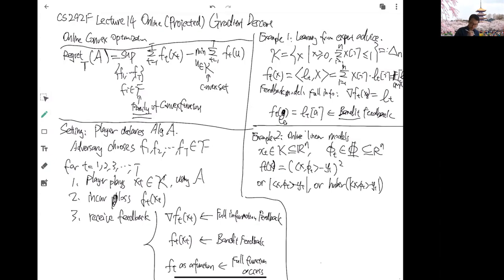Suppose you have a classification problem, then you can use the logistic loss, which we've seen several times already in this course, which is a function of the score function and your eventual binary label. Suppose you have multiple classes, you can use cross entropy and so on.